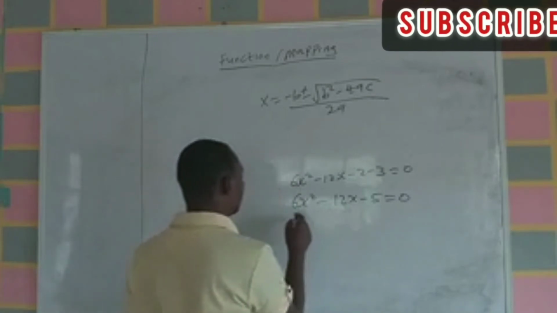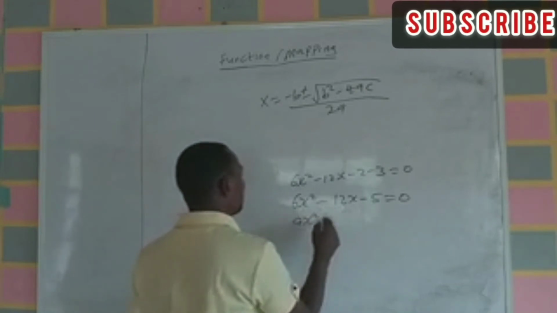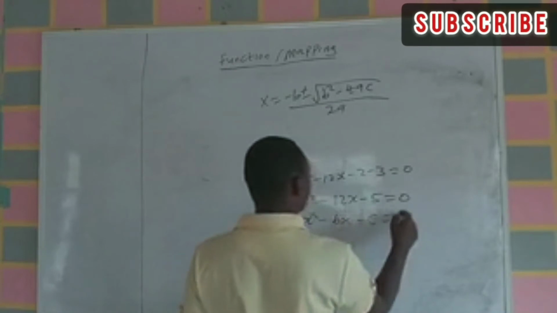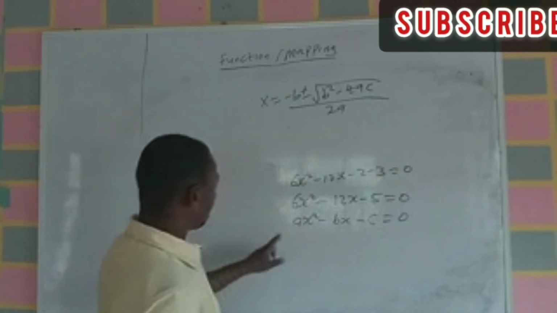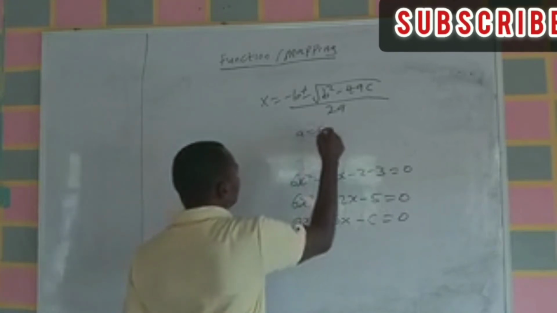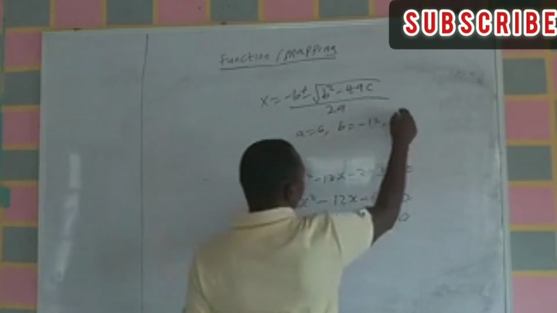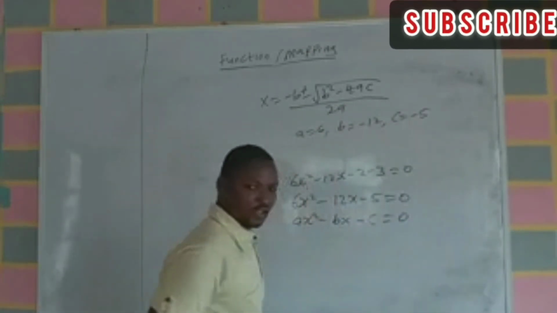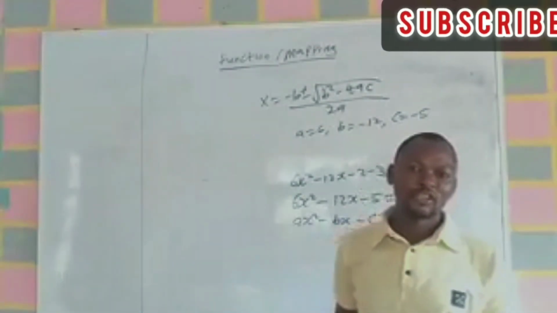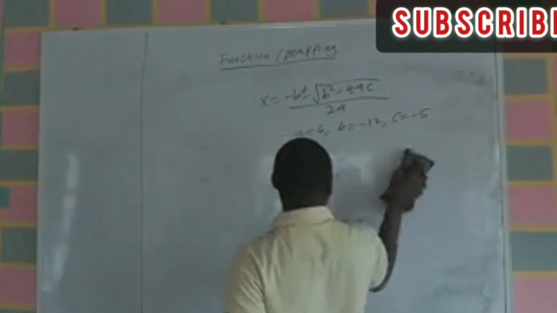This equation is compared to as squared minus bs minus c equals 0. So comparing, our a is 6, b equals minus 12, and c equals minus 5. So let us substitute and see.